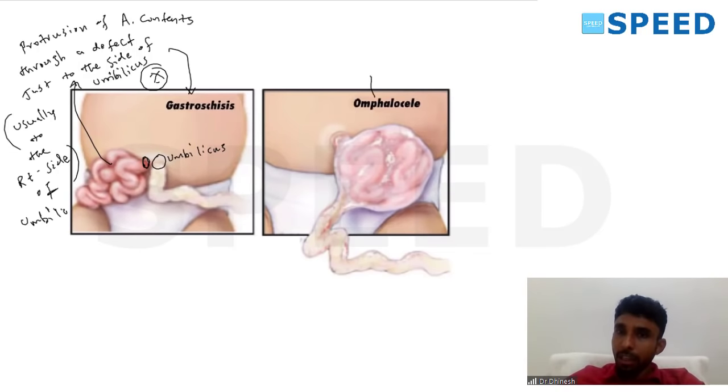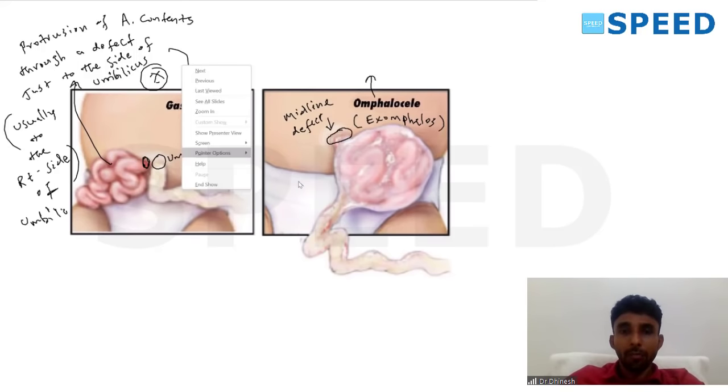And what is omphalocele? What is the congenital anomaly called omphalocele or exomphalos? Yes, in this condition, the defect is exactly through the umbilicus only, through the umbilical opening only. Exactly, the defect is in the midline, a midline defect. Yes, what is the embryological basis for omphalocele?